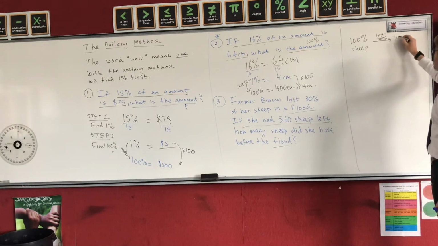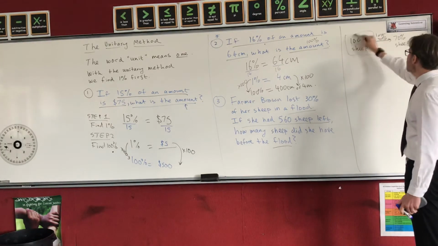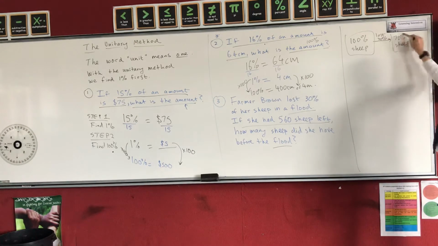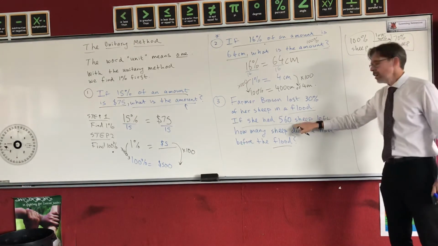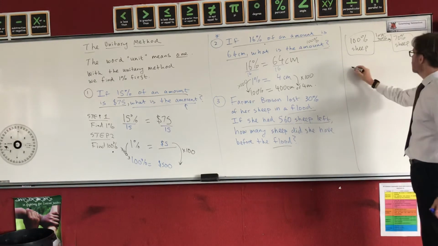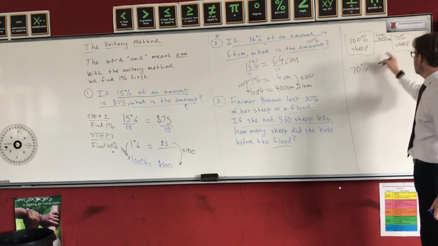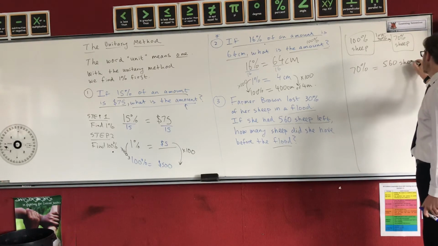That means she now has 70% of her sheep left. So she started with 100, she lost 30, and now she's got 70% sheep. Now it says that she has 560 sheep left, so that means that 70% there is equal to 560 sheep.